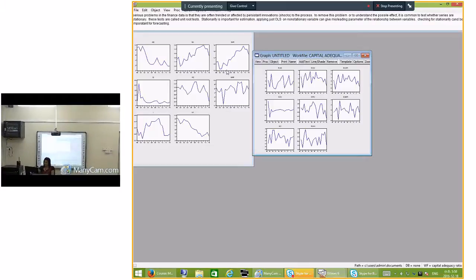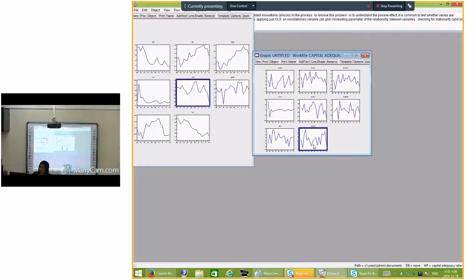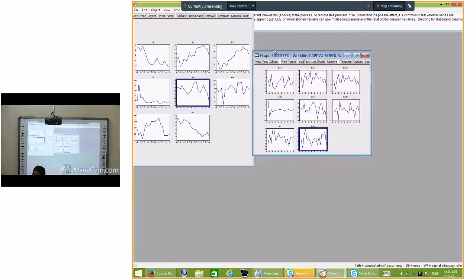This trend also is like this, and then this. Okay, this one is a bit okay. So then this one. Right, so then let's see whether there is any test.